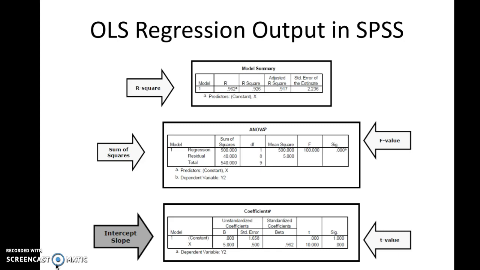The very bottom box is what we use the most. It's called the coefficients box. In the first column where it says B, that's the B from that little formula. That's the slope. Where it says constant in parentheses, that is the y-intercept. So these are the little parts inside the formula of that line that's representing the relationship between x and y.